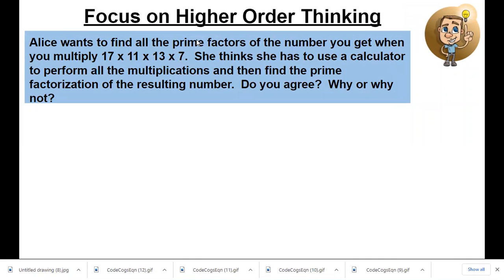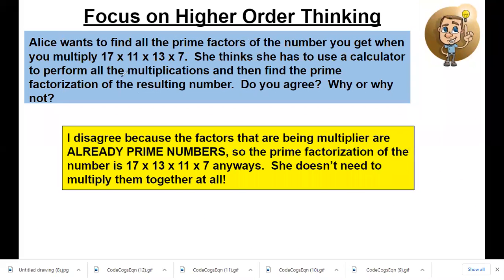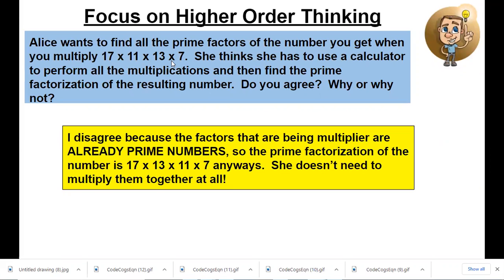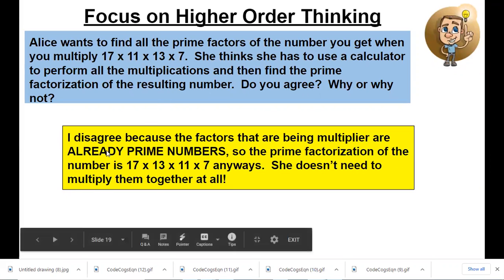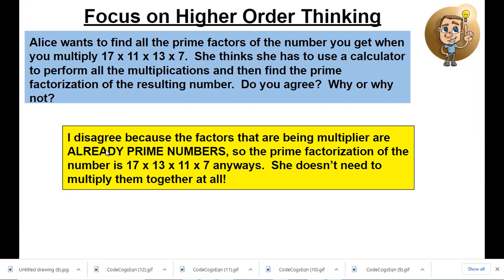Well, I disagree because the factors that are being multiplied are already prime numbers. 17 is prime, 11 is prime, 13 is prime, and 7 is prime. She doesn't need to multiply them together at all. They're already in their prime factorization.